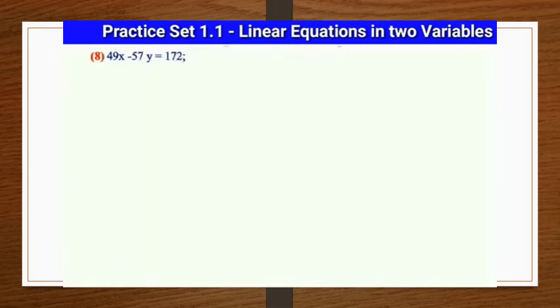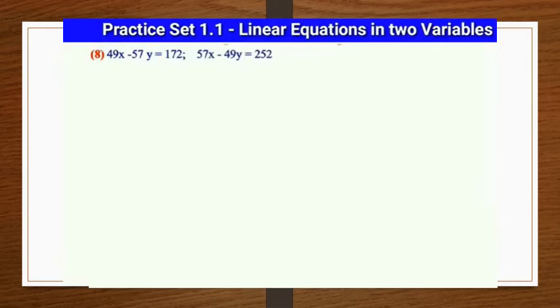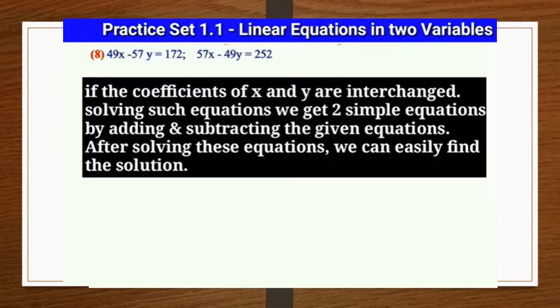Now let us move on to the last sub question of practice set 1.1. Question number 8. 49x minus 57y is equal to 172. 57x minus 49y is equal to 252.